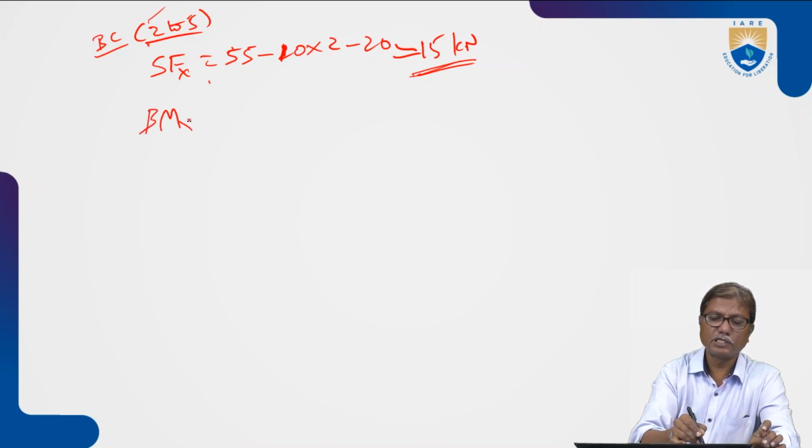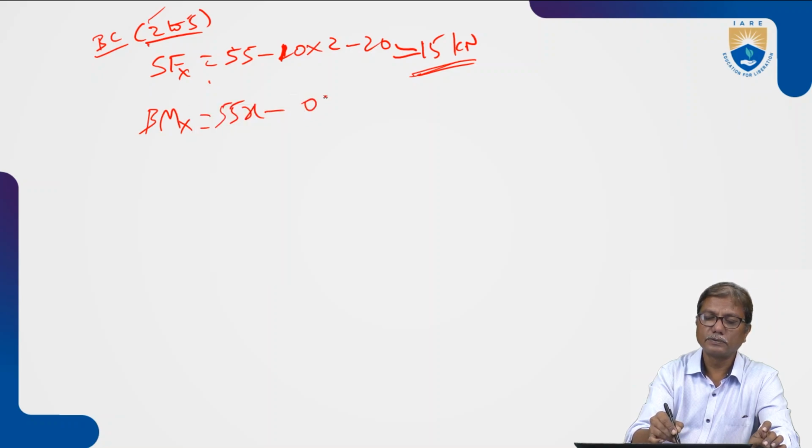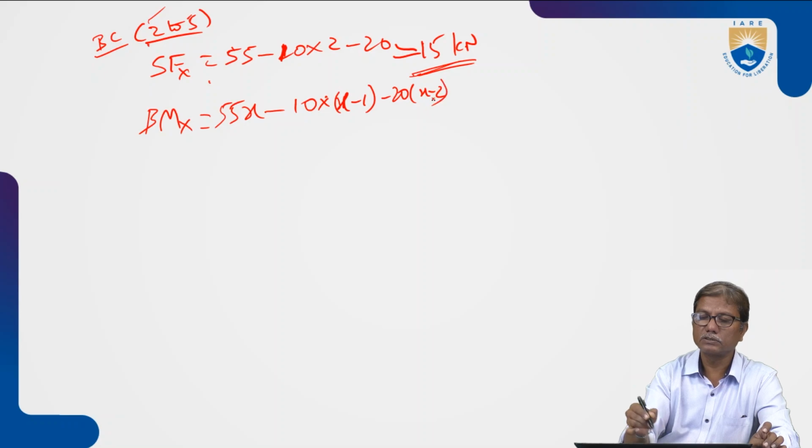Next, what is the bending moment at x? RA into x, 55x, minus the UDL, 10 into 2, into x minus 1, minus 20 into x minus 2.